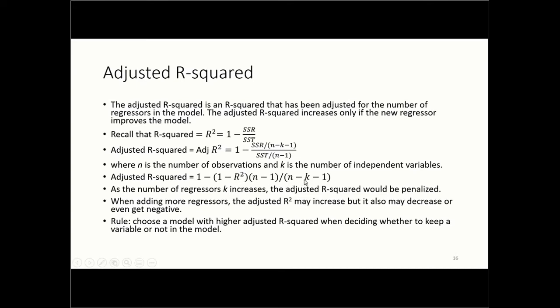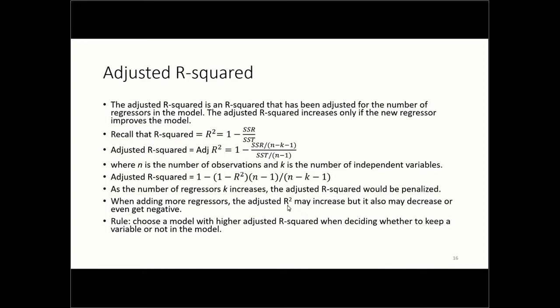If you look at this expression, when k increases, that would lead to a lower value for the adjusted R squared. But when adding more regressors, the adjusted R squared may increase, but also may decrease or even get negative. And that's an empirical question of how much a new variable contributes to the model.